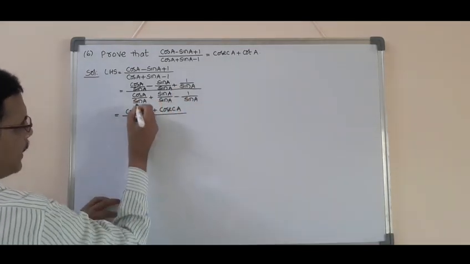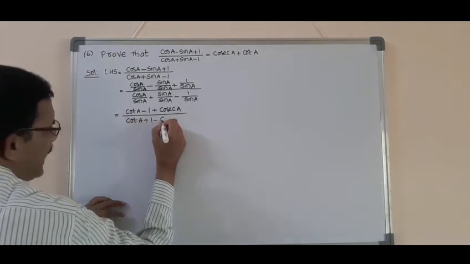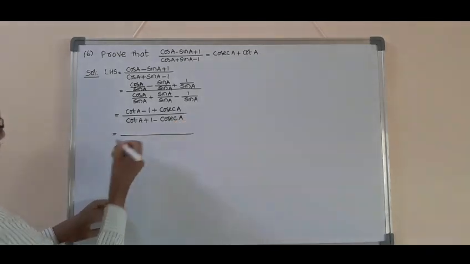In the same way in denominator, cos by sin cot, sin by sin 1, 1 by sin cosec. I am writing it in order.